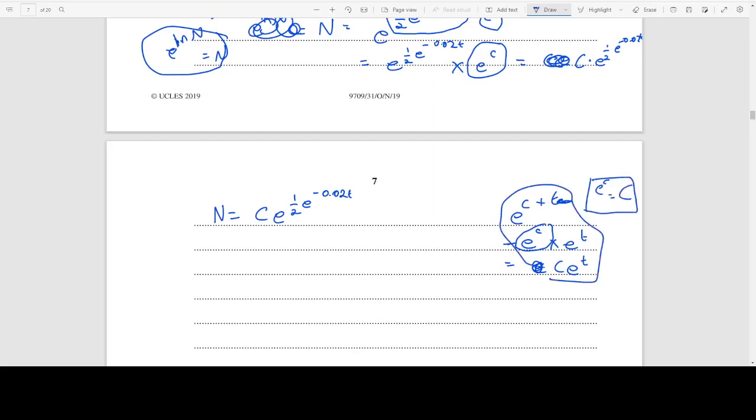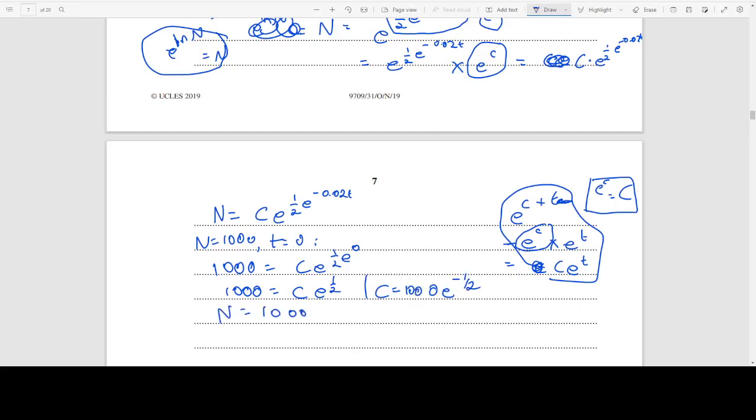There we have it, and I guess we can just substitute in the values, so n equals 1000, t equals 0, so 1000 equals, to find the value of c, c e raised to 1 half e raised to 0, so 1000 equals c e raised to half, so c equals 1000 e raised to minus half, which means n is equal to 1000 e raised to minus half multiplied by e raised to 1 half e raised to minus 0.02 t.